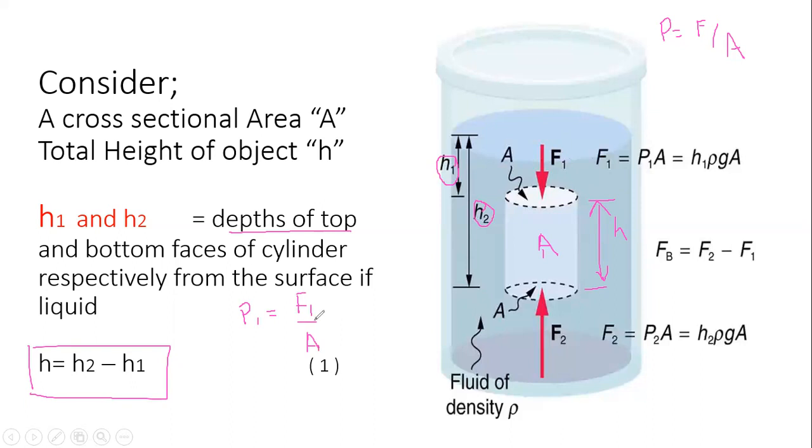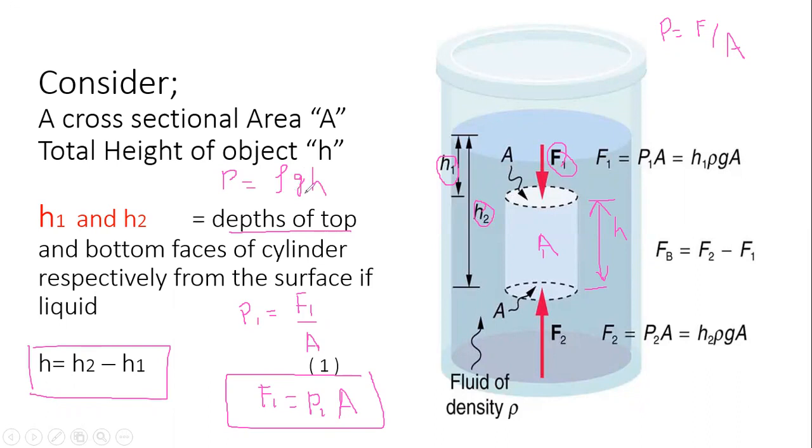So F1, the force, must be equal to P1 into A. Now we know that the pressure on the immersed body is P equals rho g h.